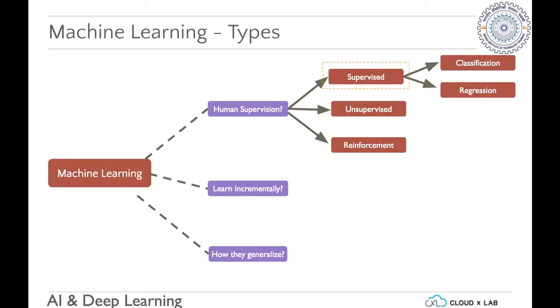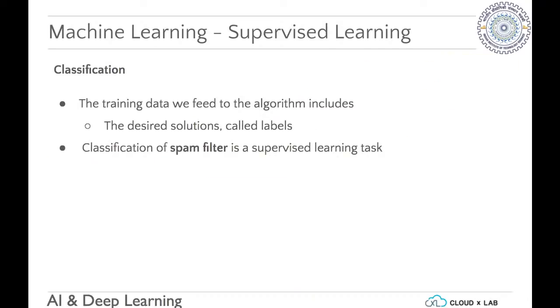Supervised machine learning is further divided into two parts: classification and regression. In classification, the training data that we are feeding to the algorithm includes the desired solution called labels. The spam filter classification is a supervised machine learning task, the one that we just talked about.